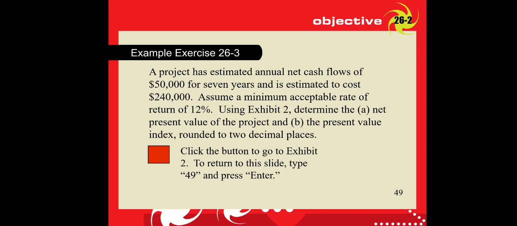So when you see here, you can see the annual cash flows of 50,000 for 7 years. So you know that when you want to calculate the net present value, you have to refer to the present value annuity table, because the net cash flow is the same every year.